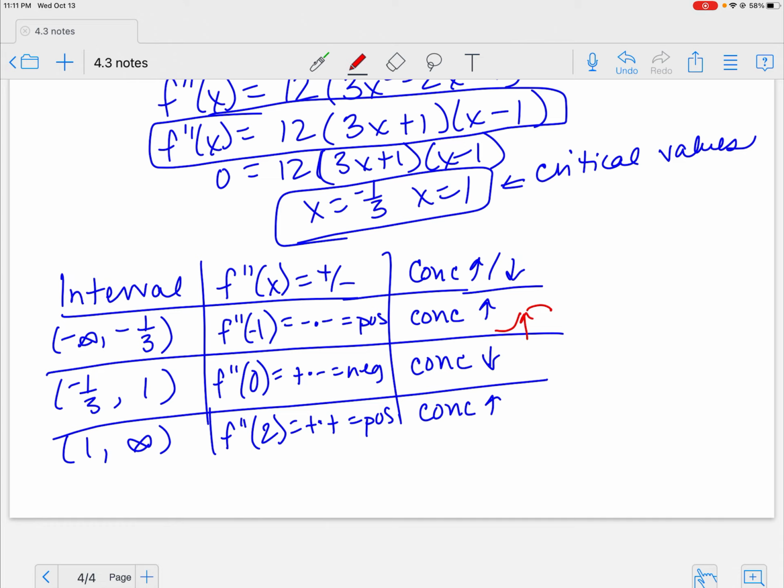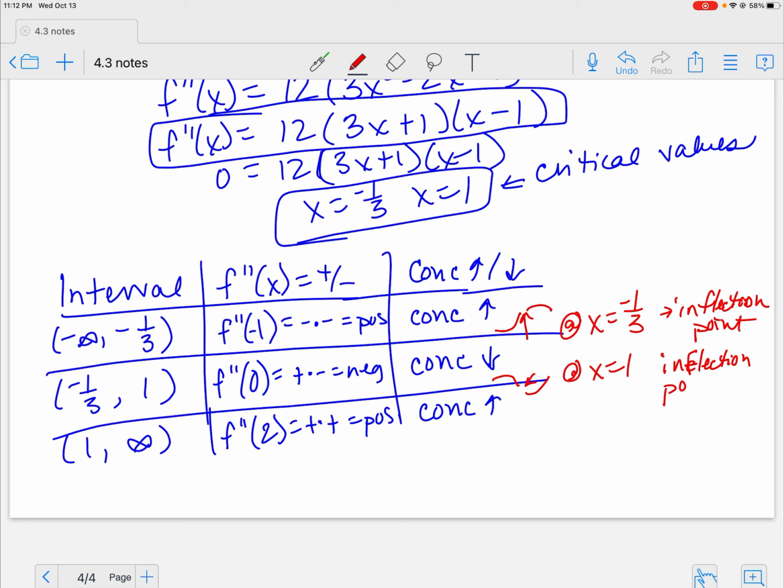What's happening right there? An inflection point. So at x equals negative 1/3, I have an inflection point. And if I'm going from concave down to concave up, what's happening in between there again? Another inflection point. Good.